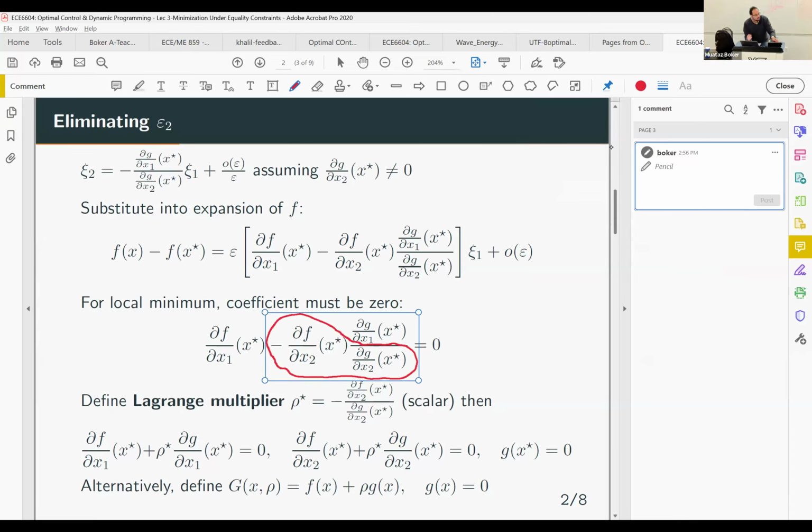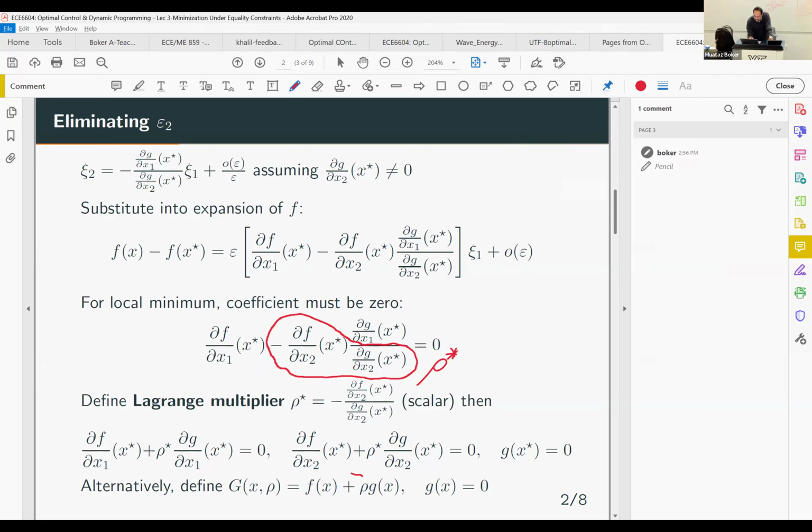So this is the rho star. This is the Lagrange multiplier: partial f with respect to x2 over partial g with respect to x2.